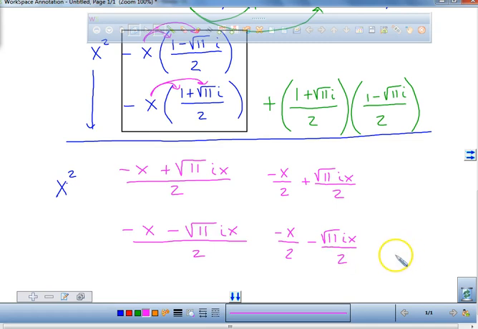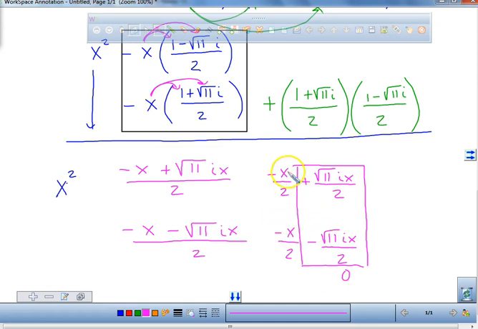Now, if I do this, hopefully you can see that we have a positive radical 11ix over 2, and we have a negative radical 11ix over 2. These are like terms. These right here, everybody, actually cancel each other out to 0. So this cancels out to a 0.